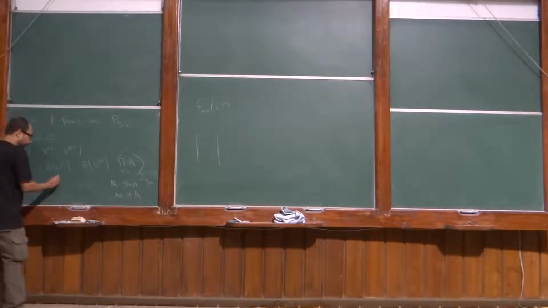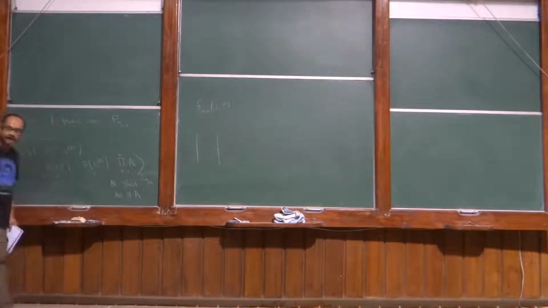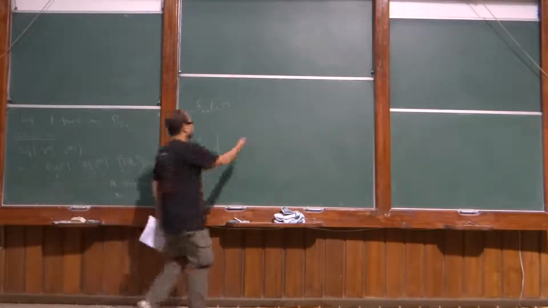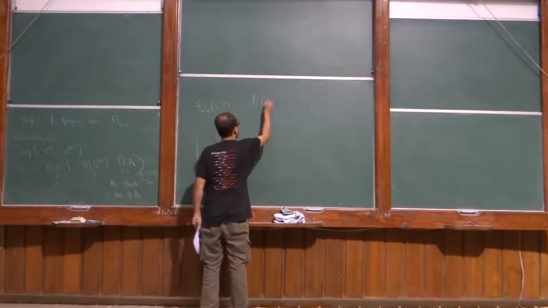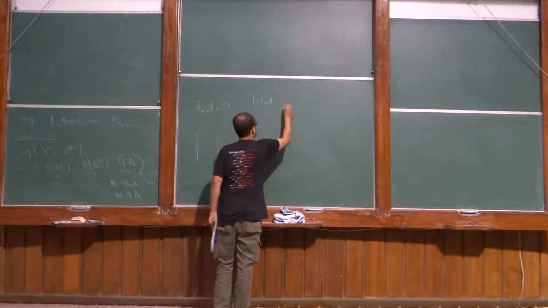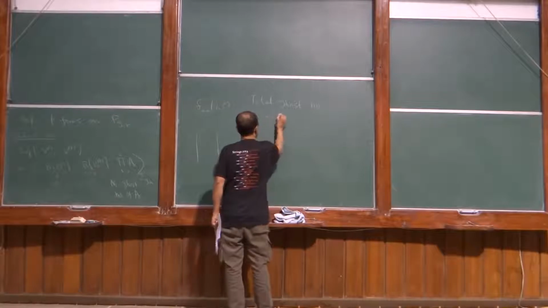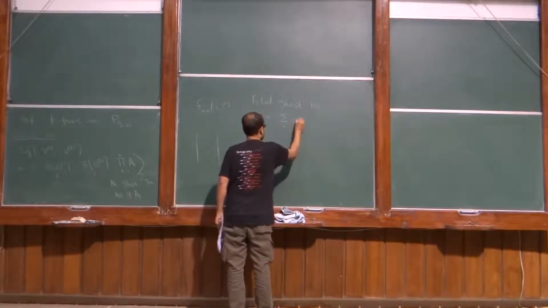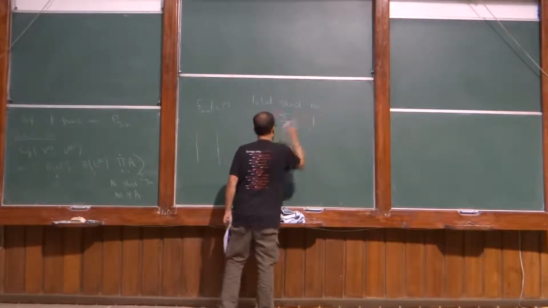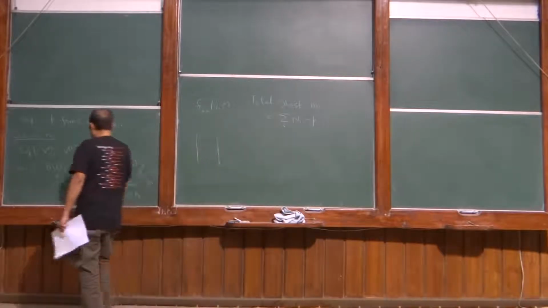And each of these has ghost number -1, because each contains one factor of b or b bar. Both b and b bar according to our count have ghost number -1. So the total ghost number is the sum over i of N_i minus P, because there are P of these equations.